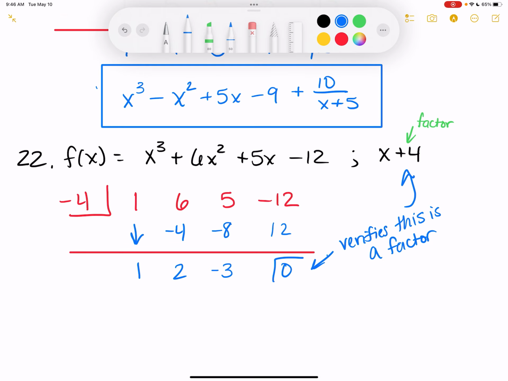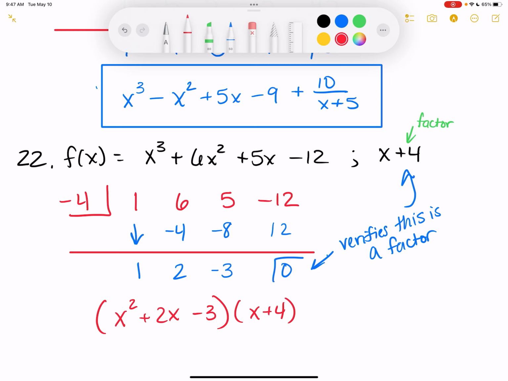Now we're left with what? X squared, 2x, minus 3. And this is all being multiplied by that x plus 4. But is this factored completely? You can still take an x out, right? No, I can't. Well, how do you factor this?